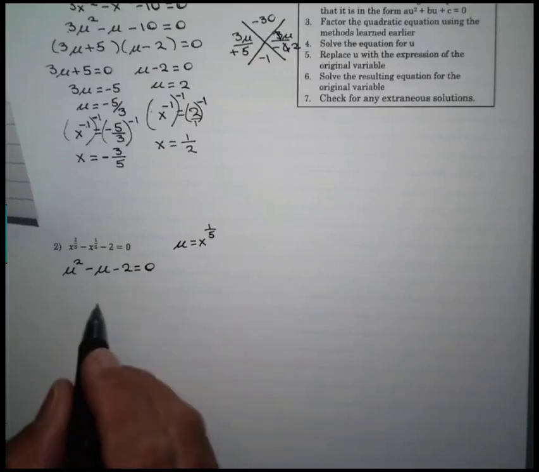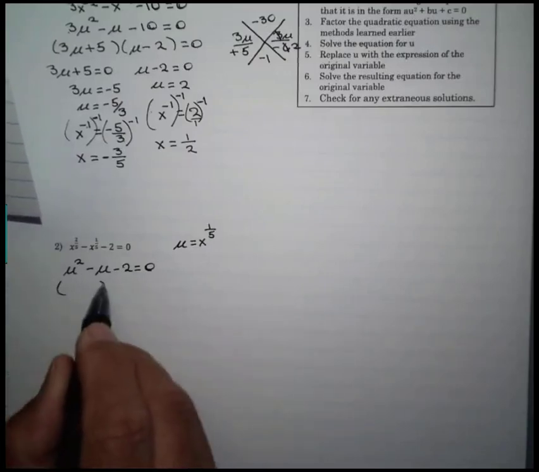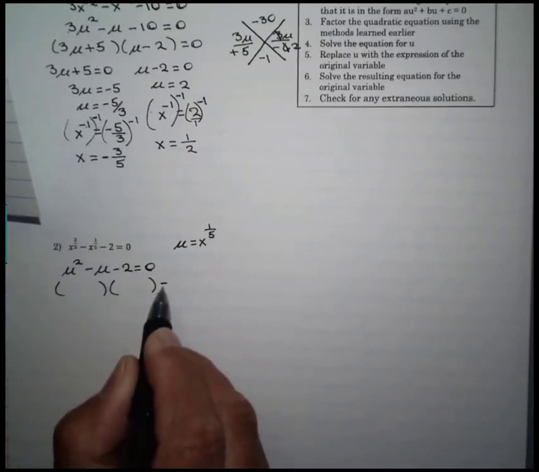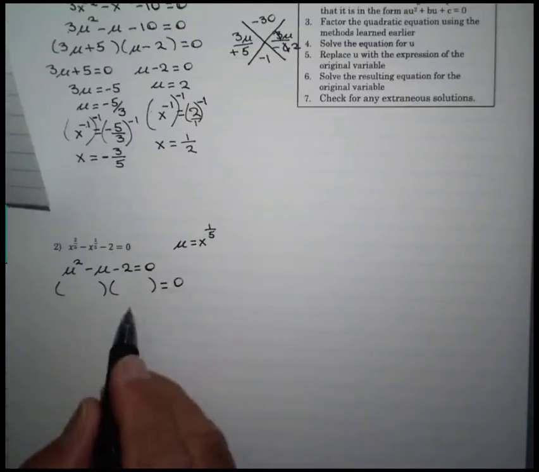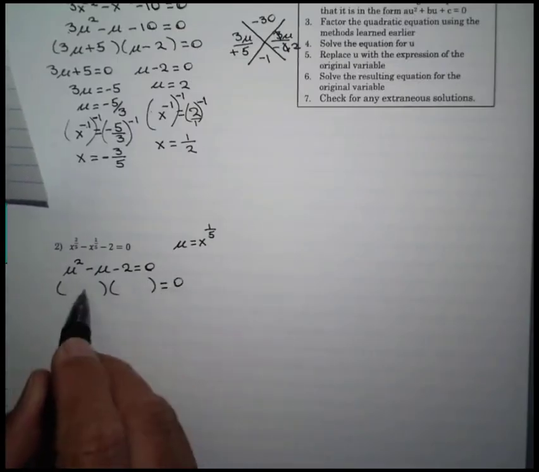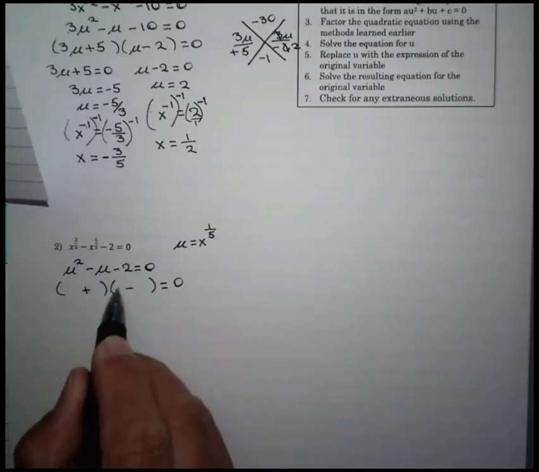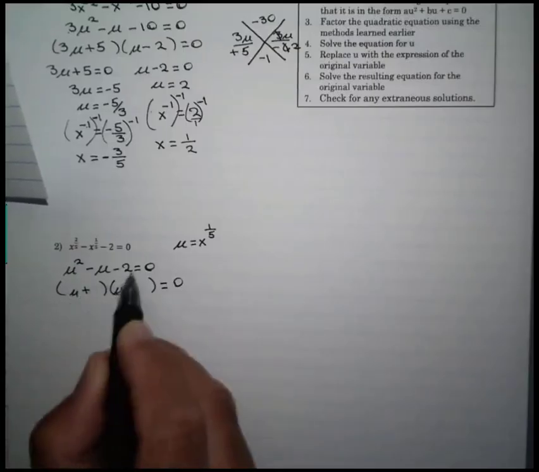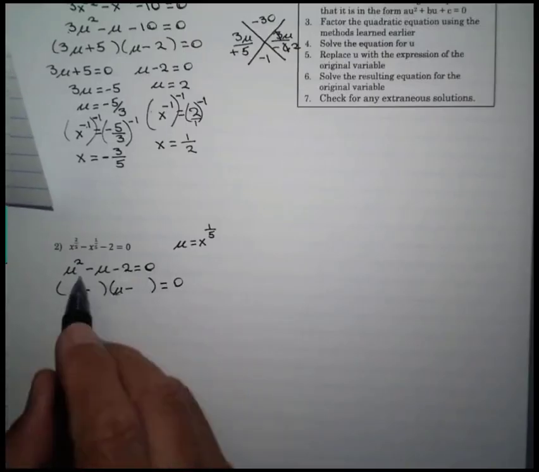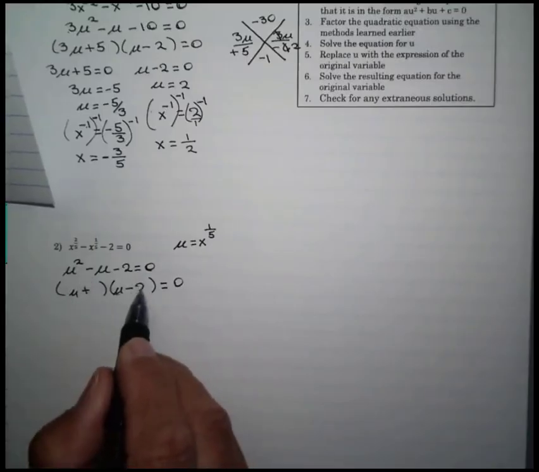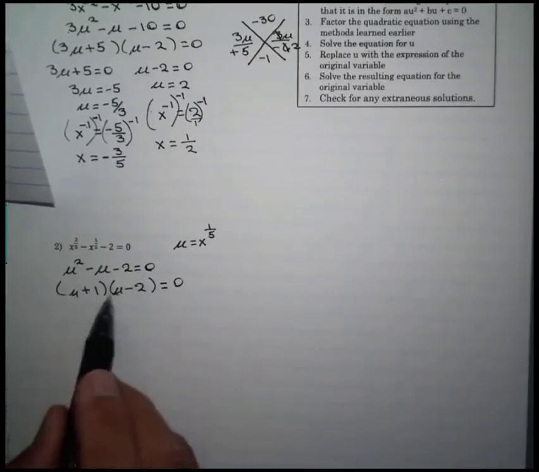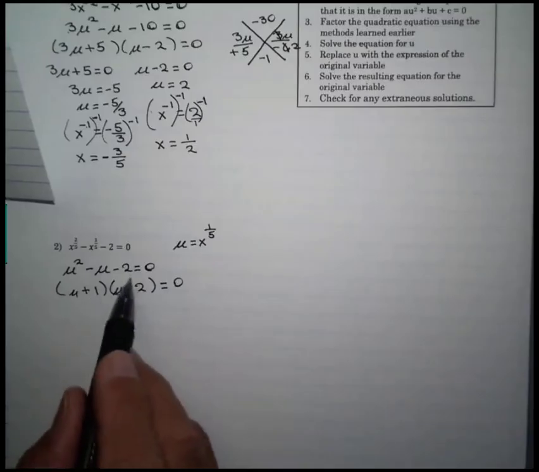Okay, in a quadratic format, let's see if I can factor it. One of these is plus, one is minus. I've got u's here. And factors of 2, well, I'm going to have a negative 2 and a positive 1 here. Let's check it. U times u is u squared. That's negative 2.